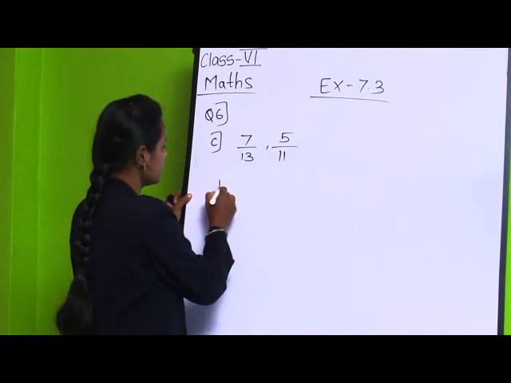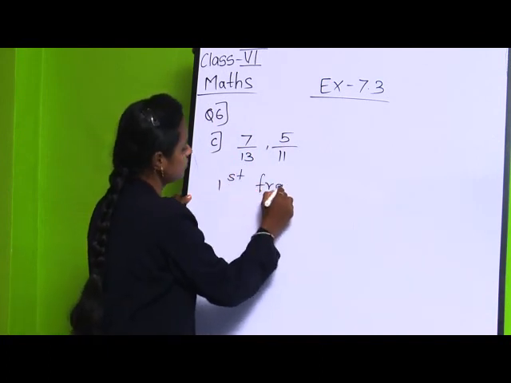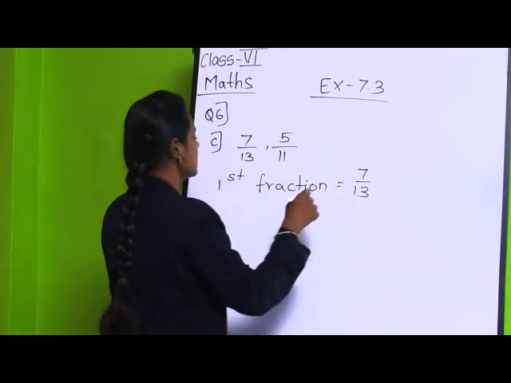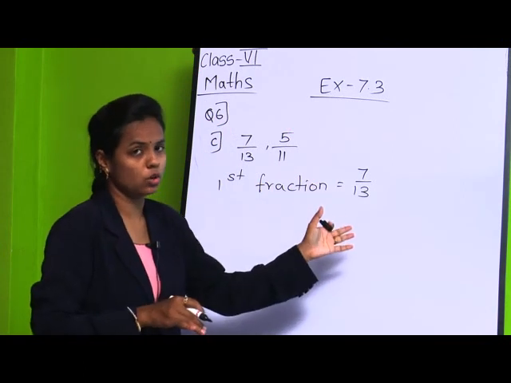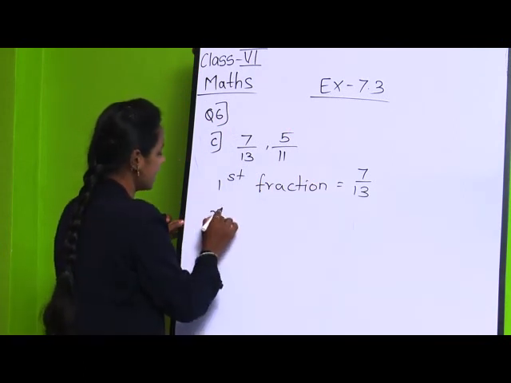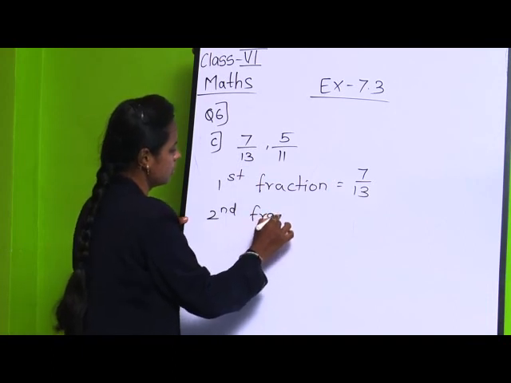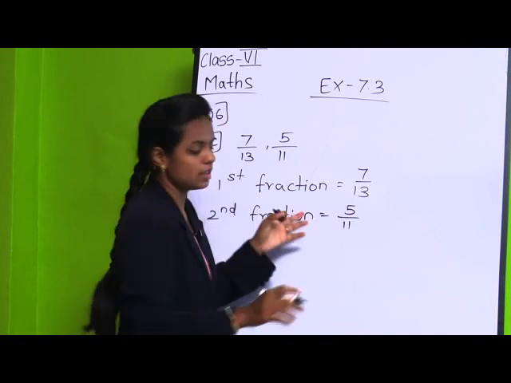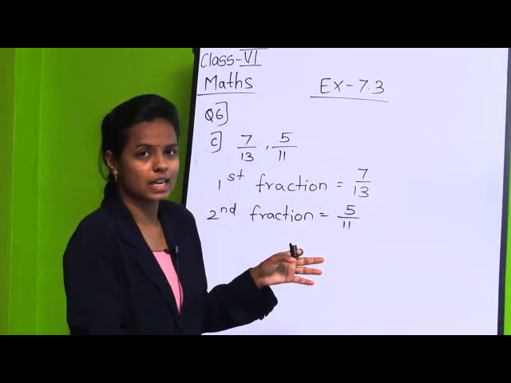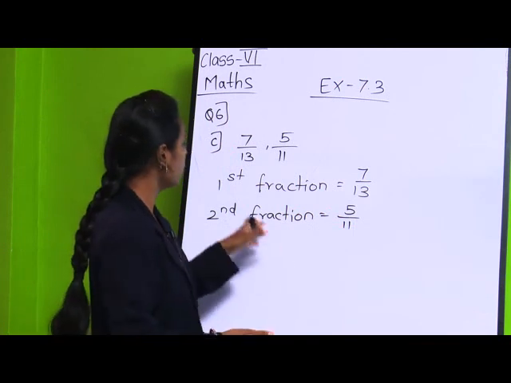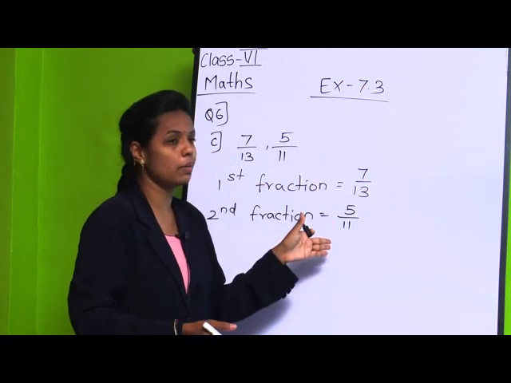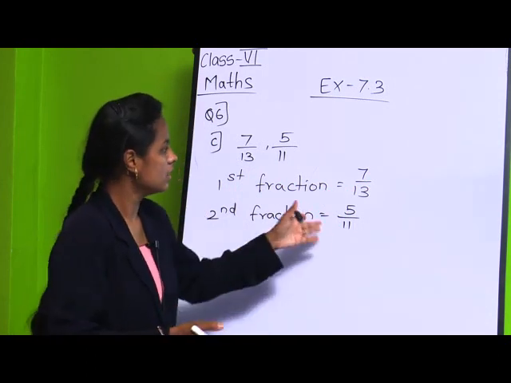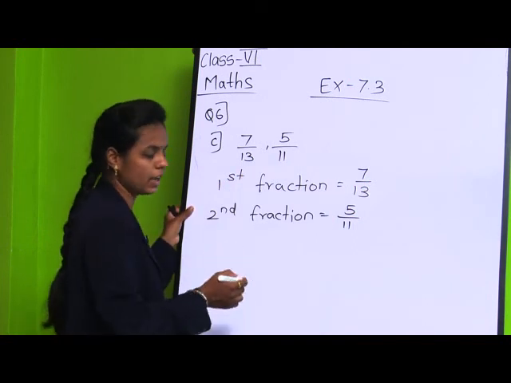So, again the first fraction, 7 by 13, does not go in any particular table. So, these are the lowest term itself, and the second fraction is 5 by 11. This also does not go in any table. So, these are the lowest term itself. Now, we have the fractions 7 by 13 and 5 by 11, which are the lowest term itself. So, we can say that these both are not equivalent.